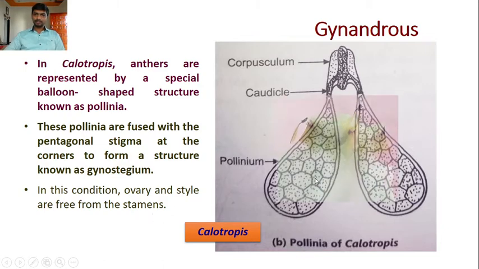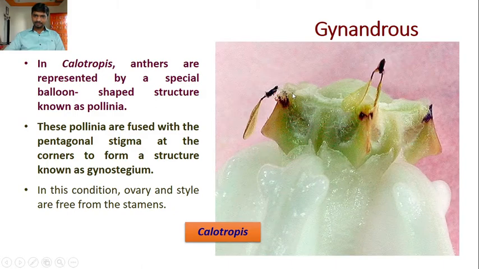Here we found that this is the pentagonal stigma, and at the corners, these black dots are nothing but the pollinia. The pollinia are present at the five corners because the stigma is pentagonal, so we get five pollinia, one at each corner.